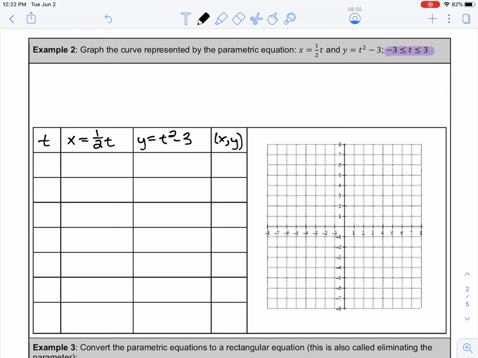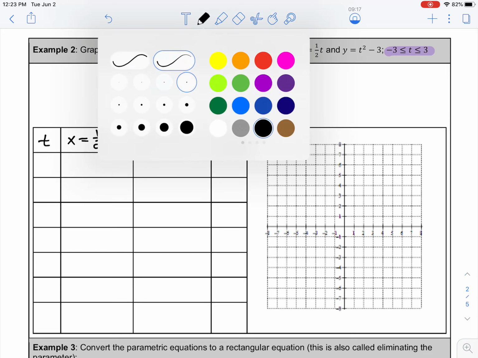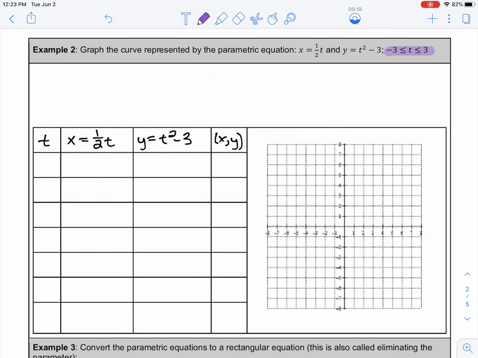So remember, if we plug a t value into our x or our y equations that are defined in terms of t, we're going to get an x and a y value. We're going to get these x, y coordinate points that we can then plot on our coordinate grid, our x, y grid. So we'll go ahead and start analyzing this at these different values of t.